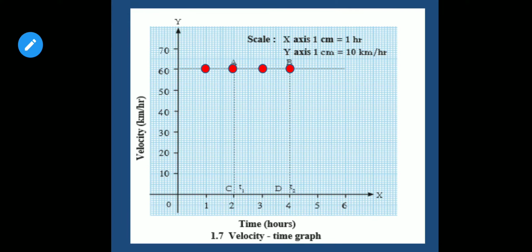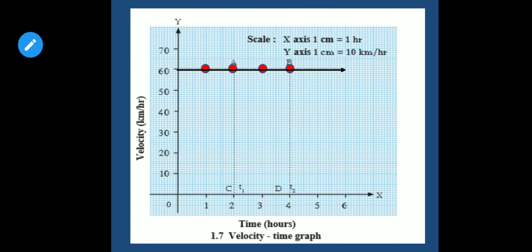So velocity is 60 kilometer per hour. And if we join these points, it is a straight line parallel to the x-axis. In this case, time is changing, but velocity is constant. Velocity is the same throughout the journey. So the graph will be a straight line and parallel to the x-axis.